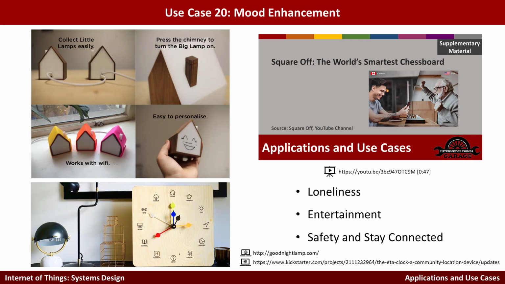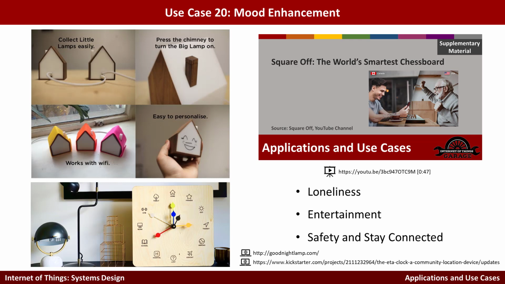In this slide, I'm going to introduce you to 3 different use case scenarios related to mood enhancement. The first image shows a bigger house and 3 little houses. The idea is that the big house is the parents' home, and assuming that children are living apart from parents, each of the little houses represents one child.